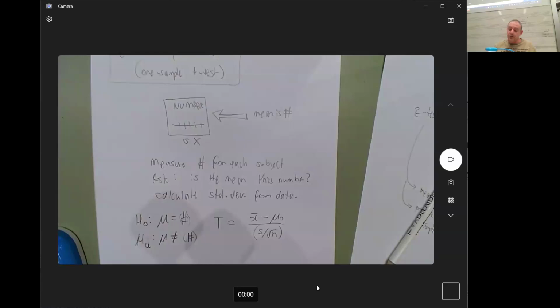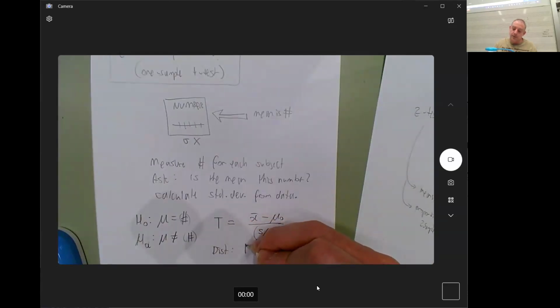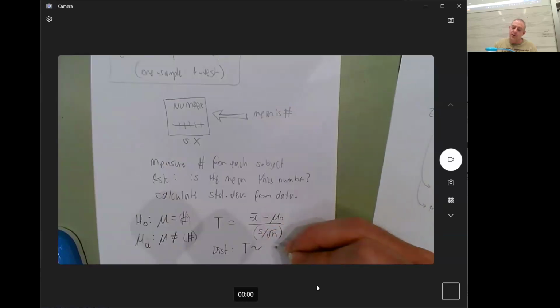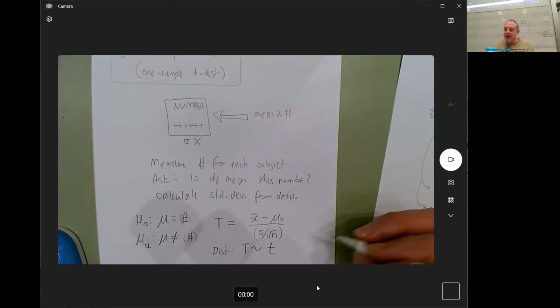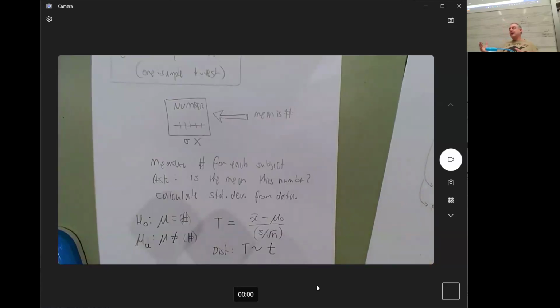And the distribution: T is distributed as a T distribution. They invented the T distribution. And just like a normal distribution, you need to tell it what the mean and the standard deviation is to know exactly which normal distribution it is.